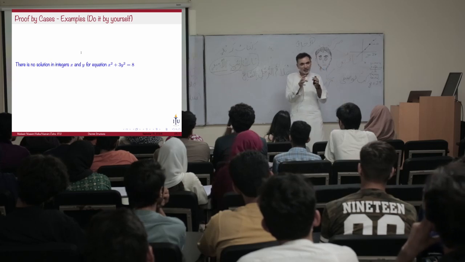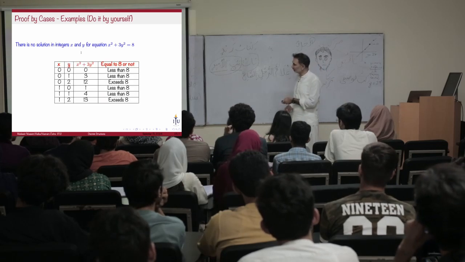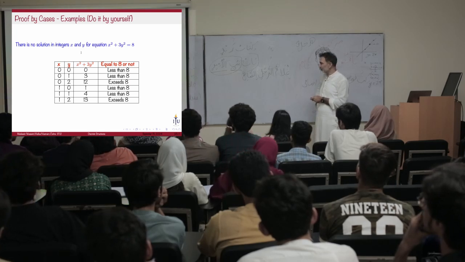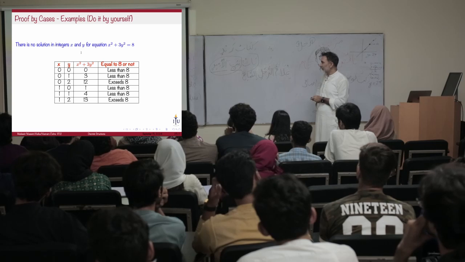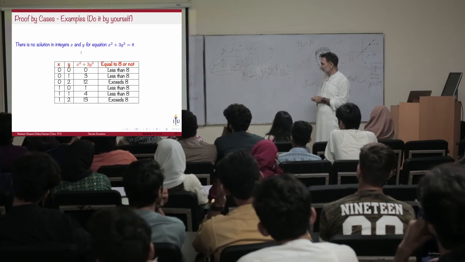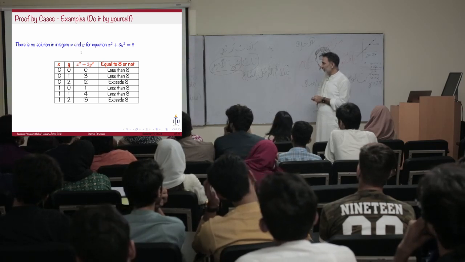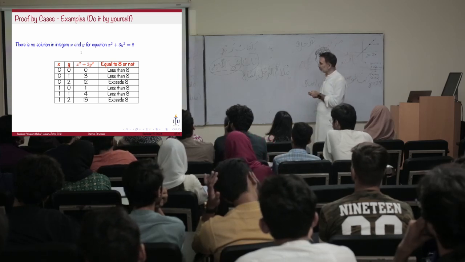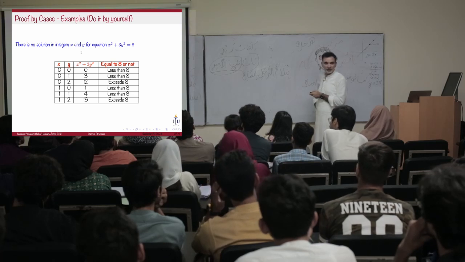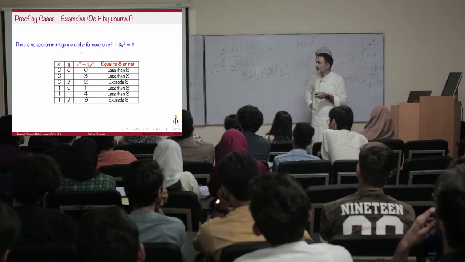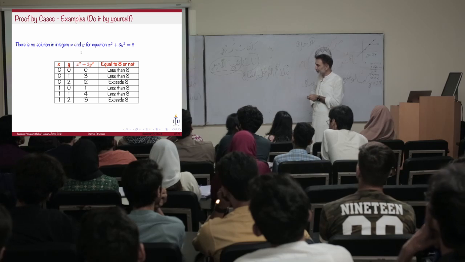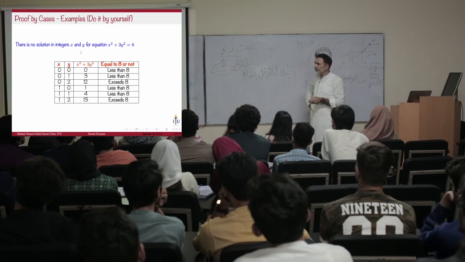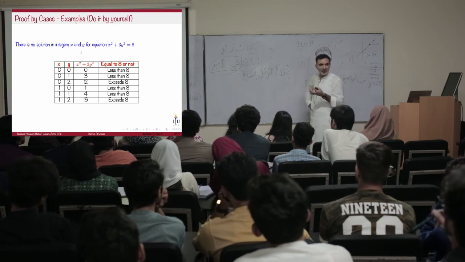So you make a bunch of cases. For example, you check 0 and then 0, 1. That's less than 8. This is less than 8. This one is less than 8. This one is less than 8. Anywhere you consider a 2, either at this point or at this point, you would exceed 8. Or at this point you claim that if I pick any numbers larger than 1 and 2 for x and y, I would always get something larger than 8.